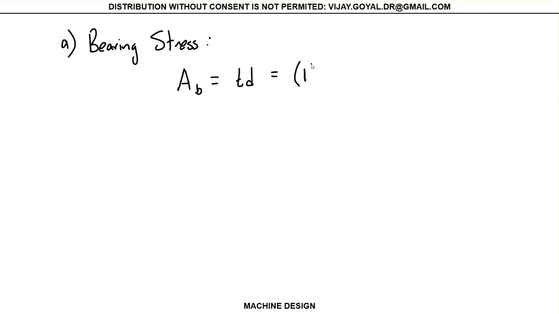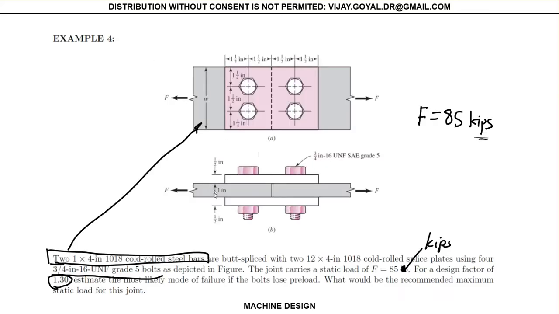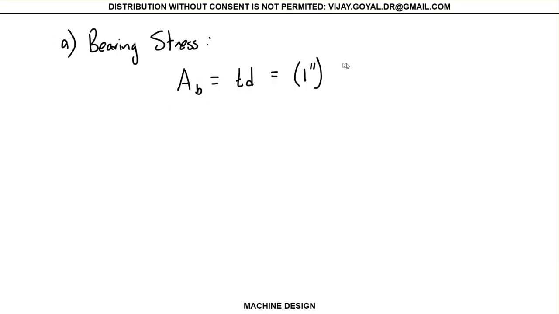So the thickness is 1 inch. You can see in the problem, this is 1 inch, and this is the bearing stress of the loaded member. The diameter is 0.75 inches.